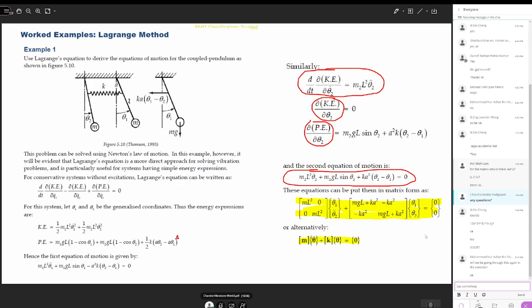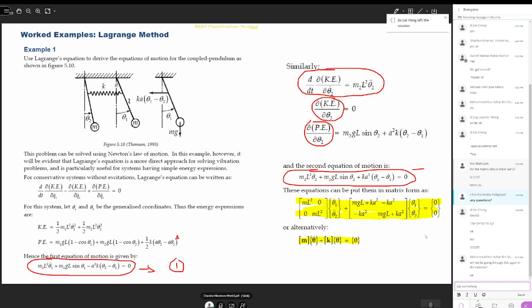Similarly, you can also prove that by differentiating with theta 1 dot. So the first equation, you can show that this will be your first equation, and you will get your second equation here.